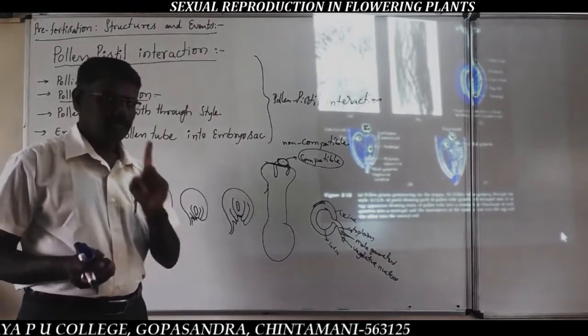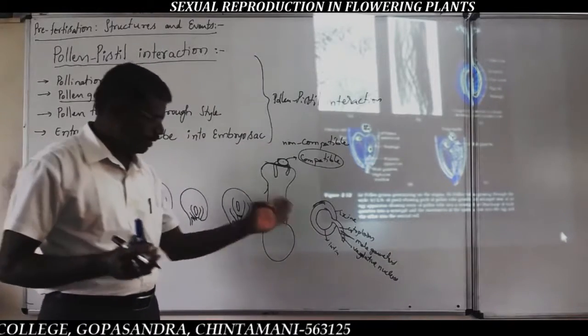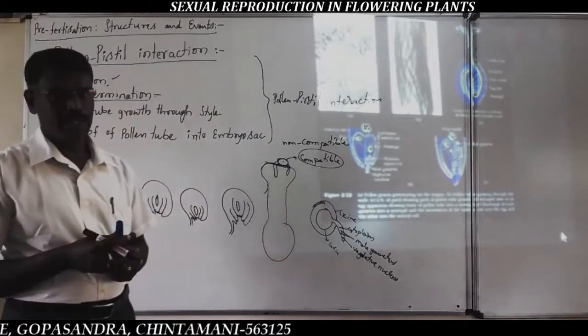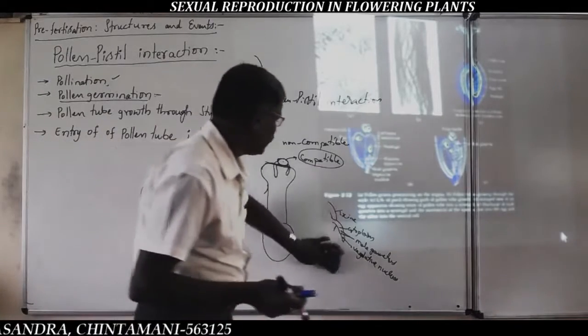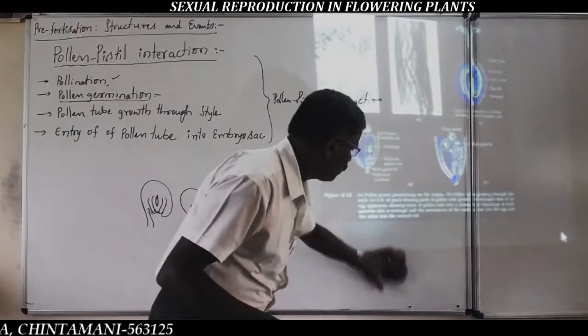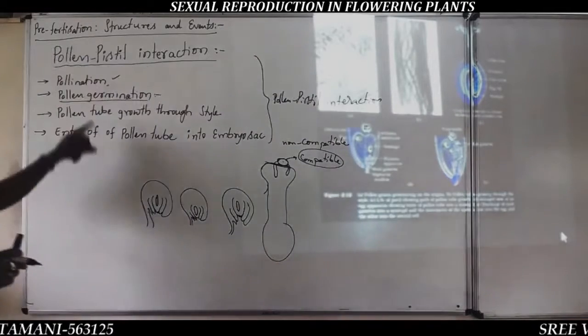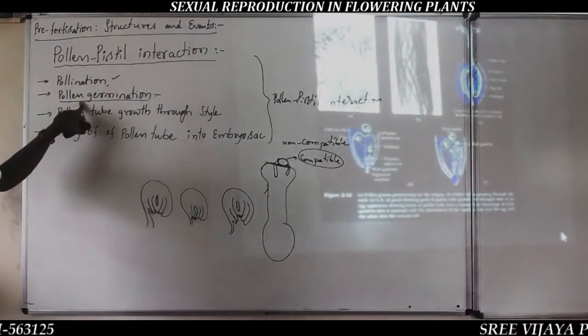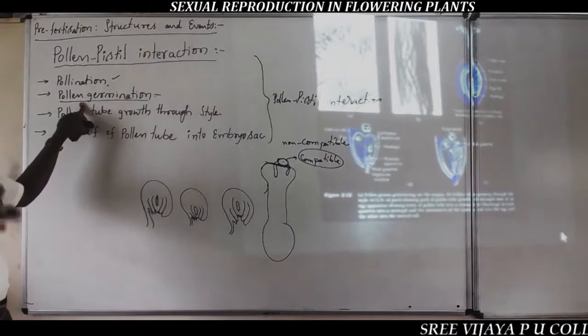As the pollen tube emerges from the pollen grain, we call this pollen germination.